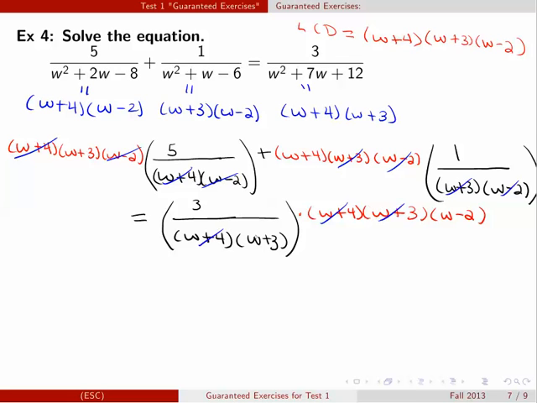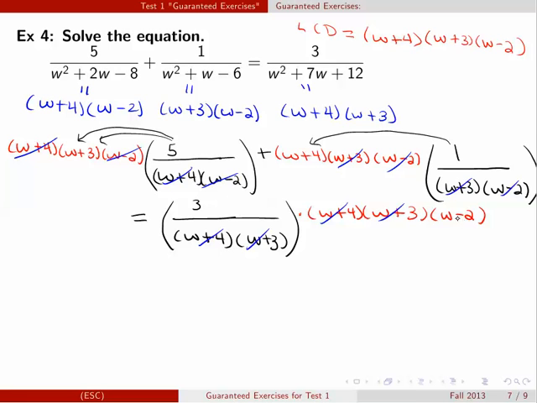Okay, and for the next line we need to multiply whatever is left. So here I have 5 and w plus 3, so I'm gonna multiply that here in the second fraction 1 times this, and here I'm gonna take 3 and multiply by w minus 2.